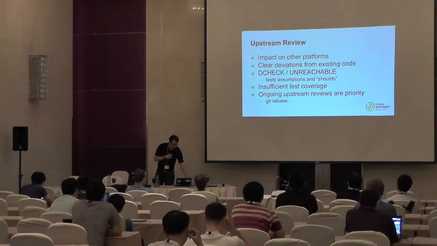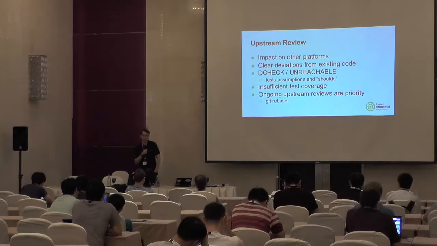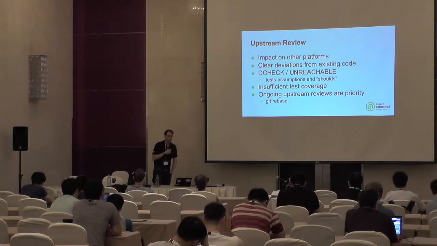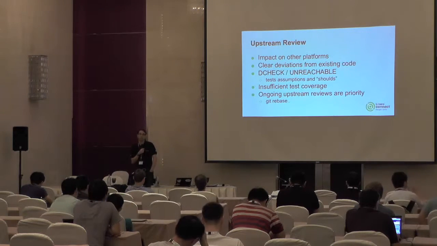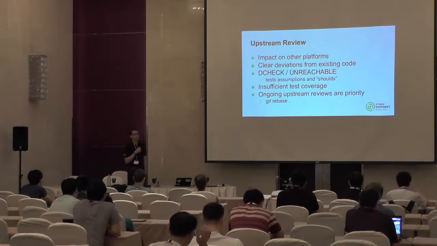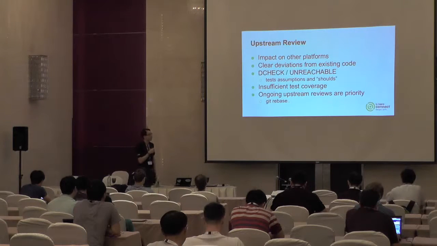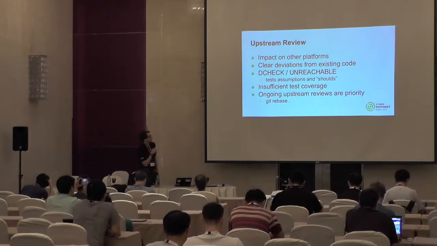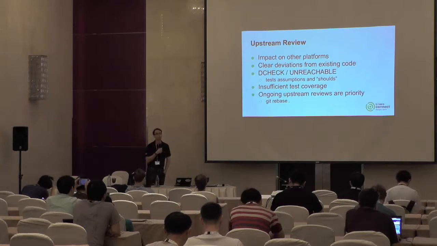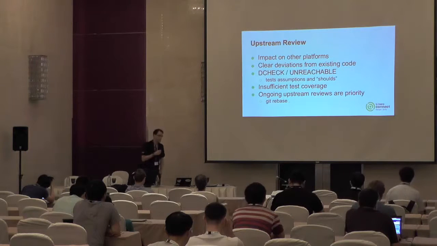Upstream review will add some other considerations. They will be concerned with the impact of your patch on other platforms, and any clear deviations from existing code. That includes code that you think is not written right or not laid out correctly. If it's a clear deviation, then you'll be picked up on it. Debug checks and unreachable macros are very useful for testing assumptions and shoulds: this should never happen, this should always be the case.